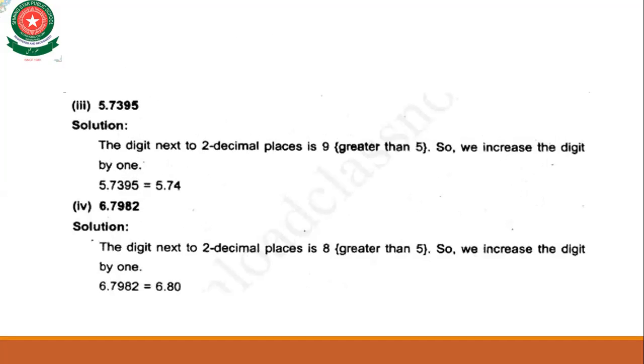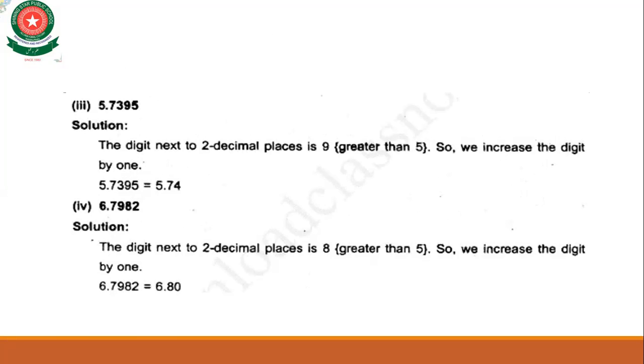Now the part number 3, 5.7395. Here again, the 9 is greater than 5, so we will increase the digit by 1. So 5.7395 is equal to 5.74.